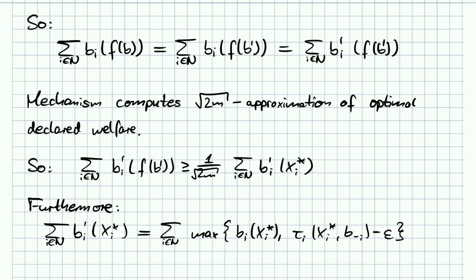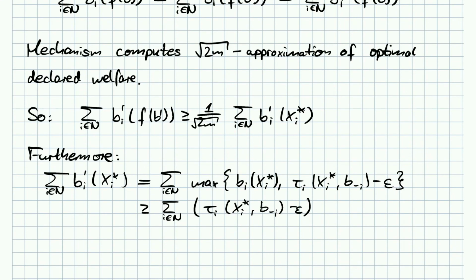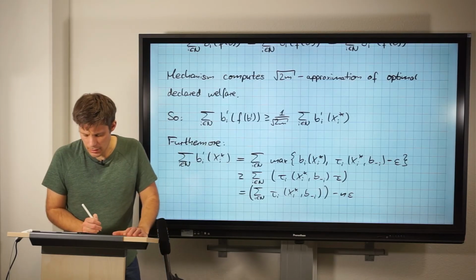So, of course, we can just ignore this maximum and say, okay, this will be at least the sum of these critical bids. And so this sum here, we just move out this minus epsilon, then we get minus n times epsilon. Good.